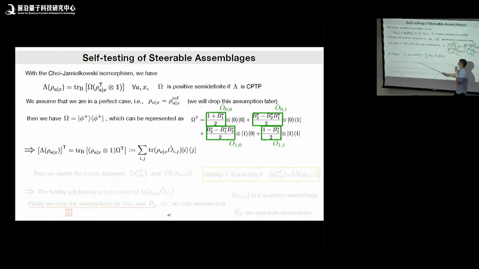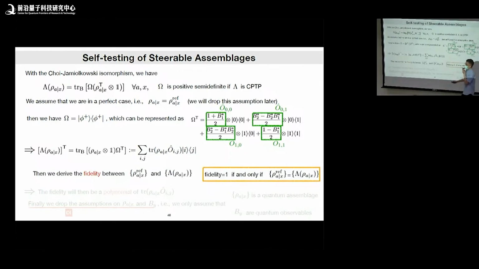Eventually, we can write down the trace of these Oj and sum them all together. Then we define the fidelity between the reference states, the reference 0, 1, plus and minus, and this assemblage. We define the fidelity because fidelity is equal to 1 if and only if the reference assemblage is equal to the assemblage after the map. If they are the same, then we have a perfect self-testing.